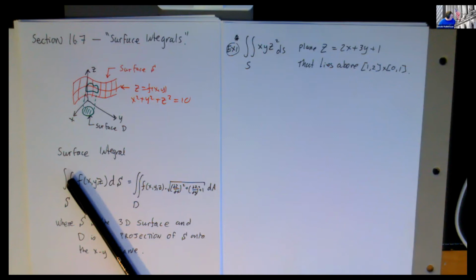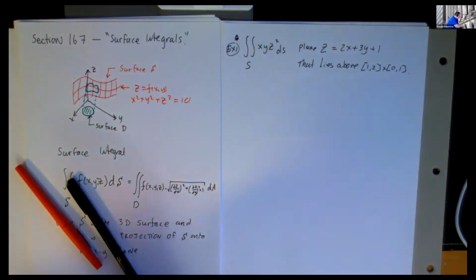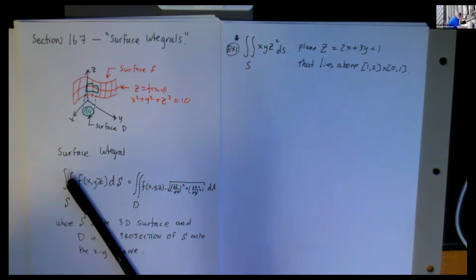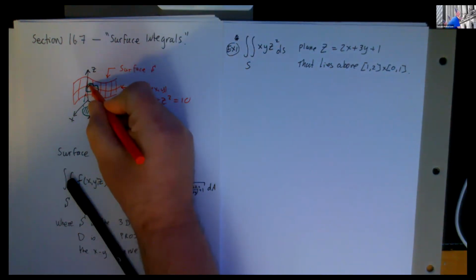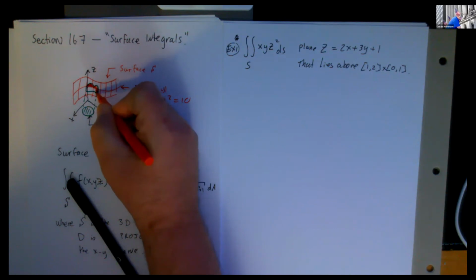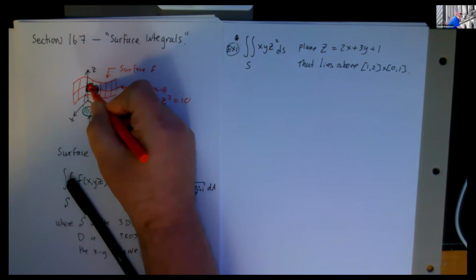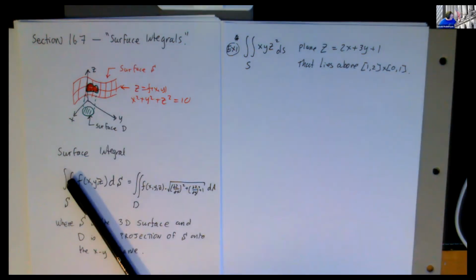A surface is like an infinitely thin piece of wavy paper. Now, a surface integral takes a small piece of that surface, which I'm now shading in red, and it looks at all the points on that surface and calculates the integral over that region.